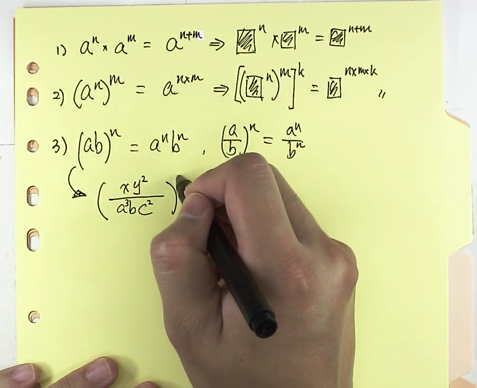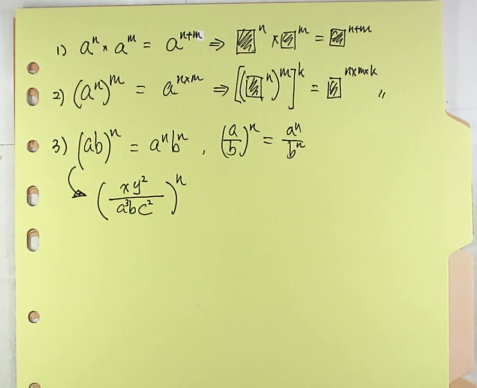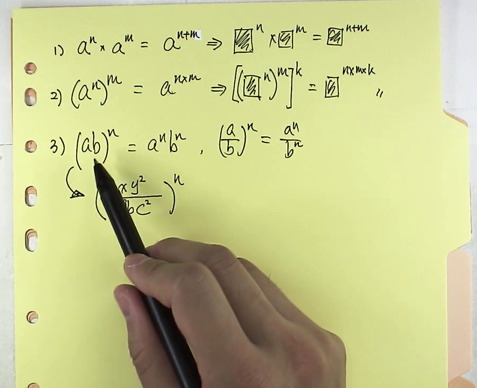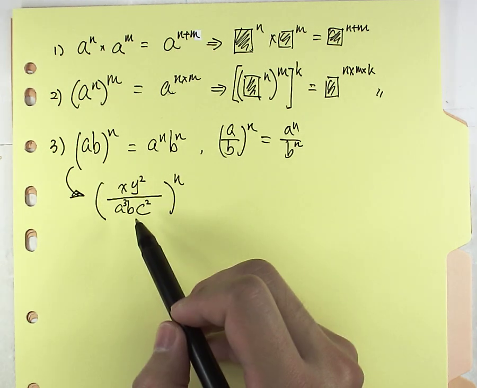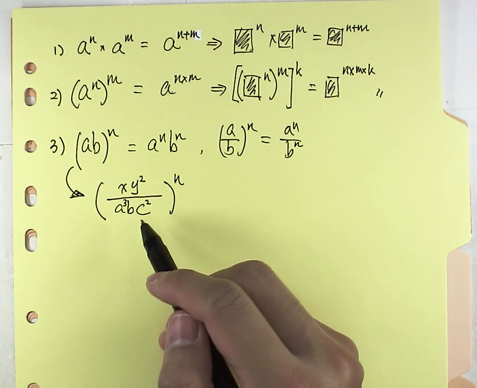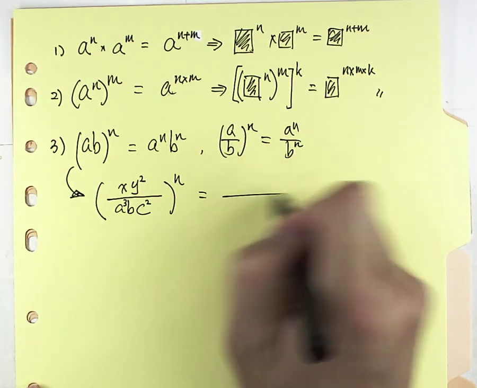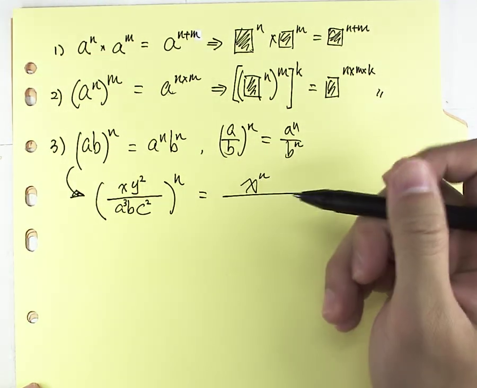Then you give a power n. Can you just put the power inside? Yes. Why? Because all these unknowns are just doing multiplication or division, no addition or subtraction. And then you can put the power inside. Here, x to the power n is okay.